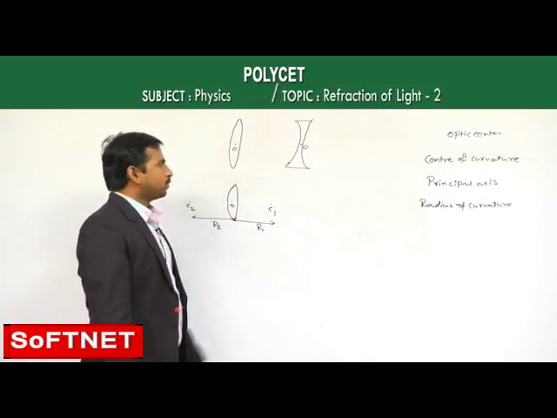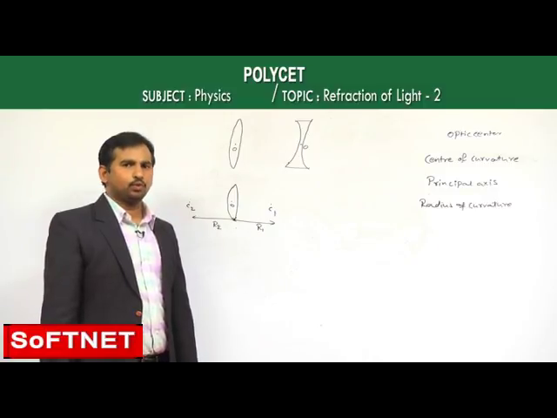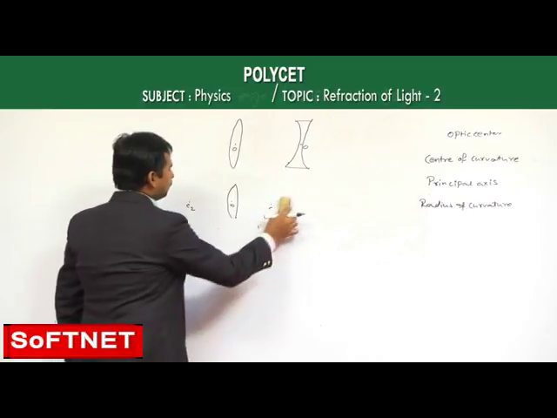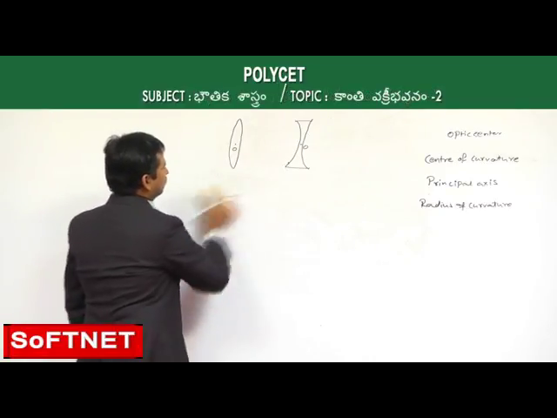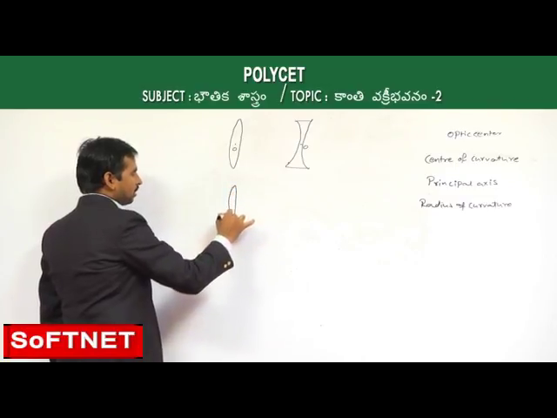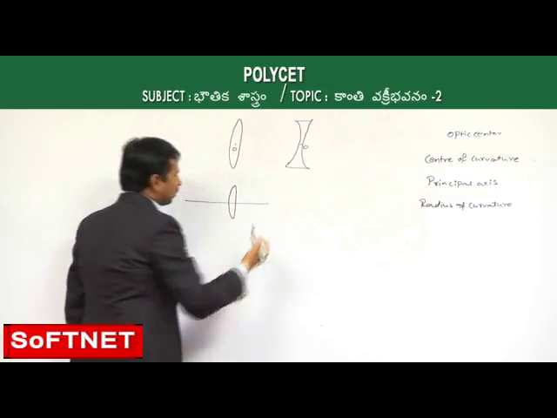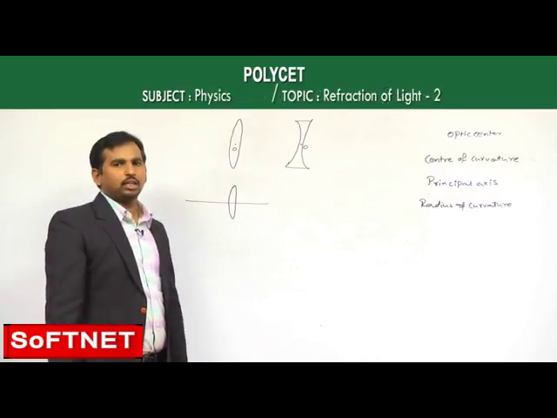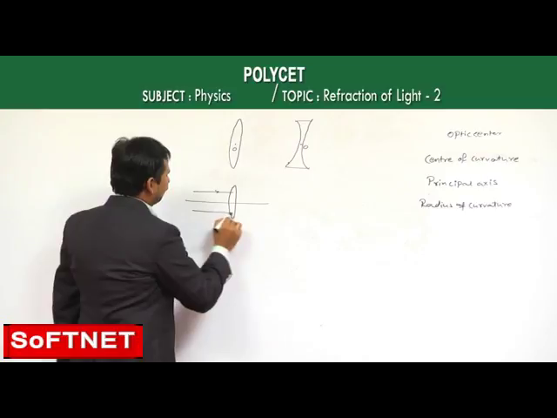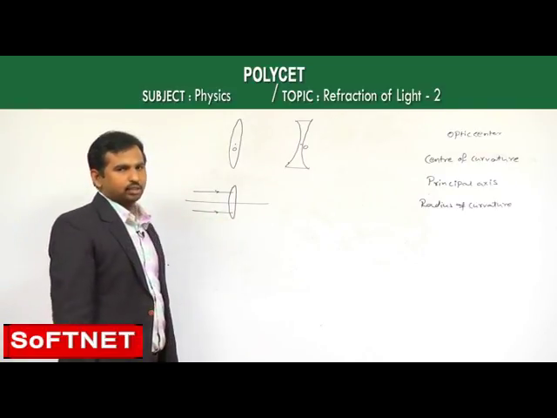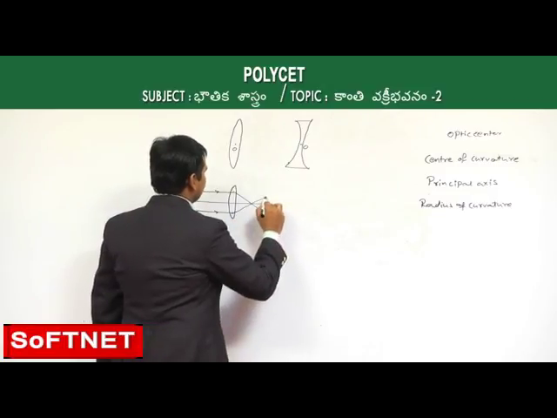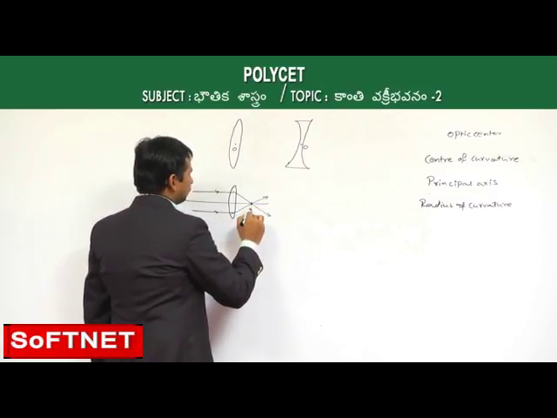And the next one we have is the focus or principal focus. Whenever you take a convex or a concave lens, like this, and a parallel beam of light rays is incident on this convex lens, after refraction the light rays meet at a point, like this.